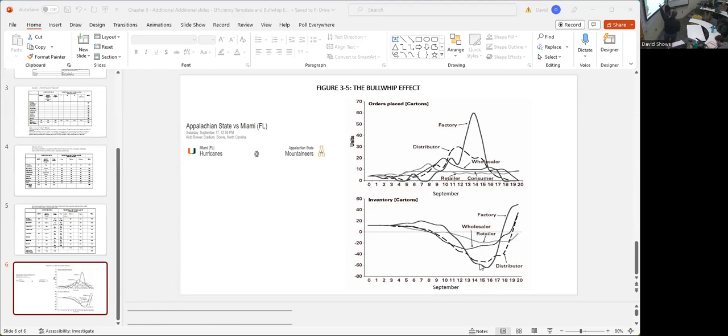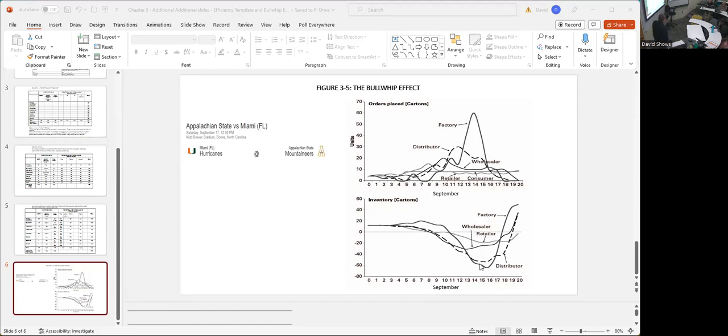Way back when we played Miami and they came here to App State, all of a sudden the consumer demand for beer went higher. Well, the problem with that is that the demand to the distributor went higher and the factory distributing went even higher, and the inventory for the retailer went lower, the wholesaler was even lower, and the factory even dipped further than that as well. All right.